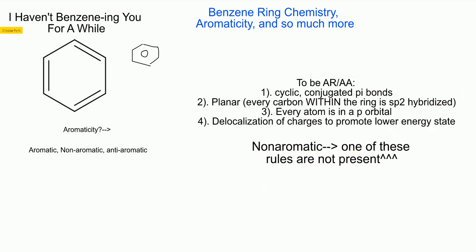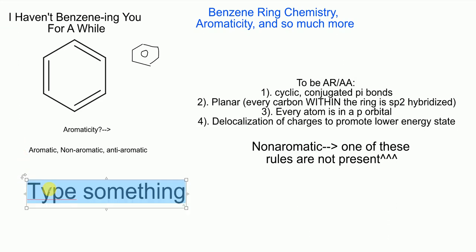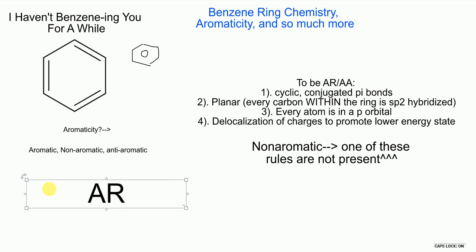And now let's just quickly jump into, I'm going to explain, but I'm just going to put the rule down. We're going to say the difference between aromatic and anti-aromatic is the number of pi electrons, and they fit into certain formulas. Aromatic is characterized by the 4n plus 2 rule, and anti-aromatic is characterized by the 4n rule.